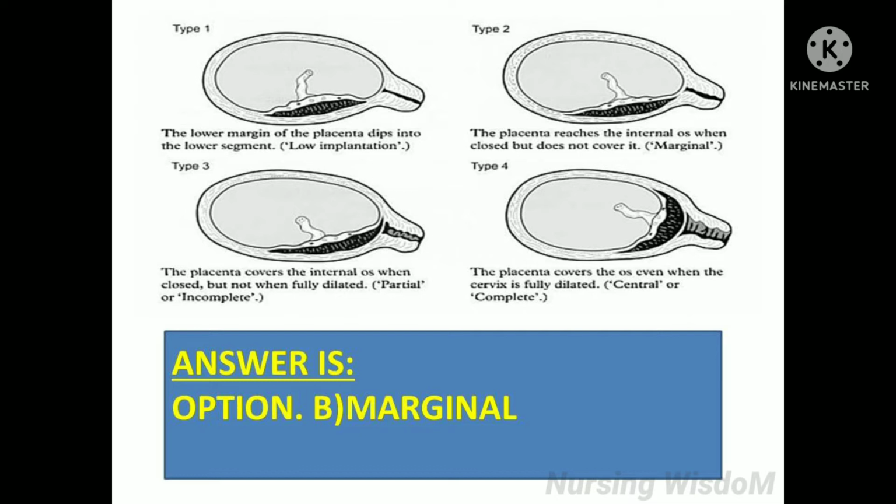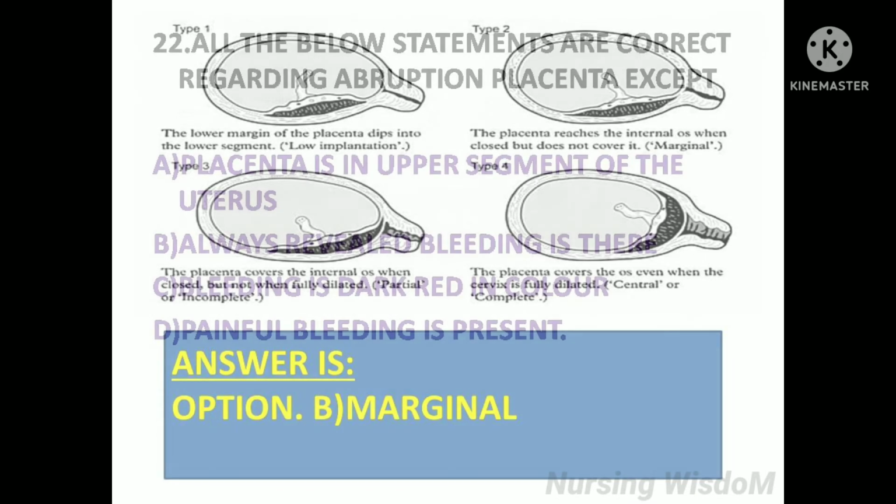This type is called partial or incomplete placenta previa. Type 4, the placenta covers the os even when the cervix is fully dilated. This type is called central or complete placenta previa. So here the answer is option B, marginal.